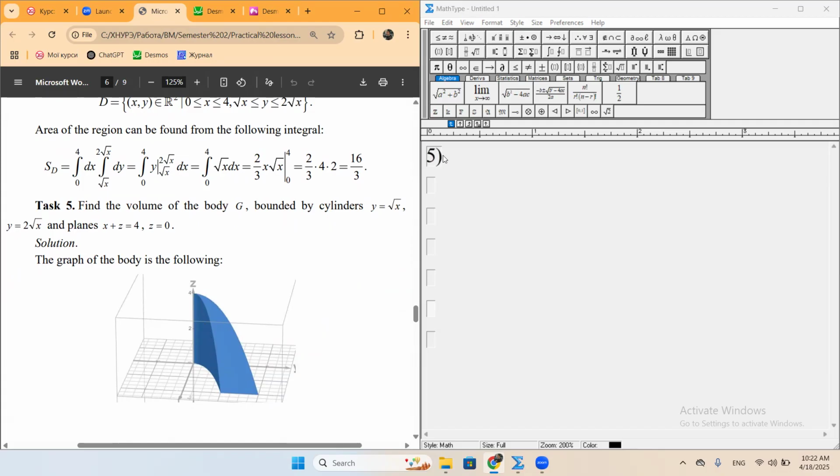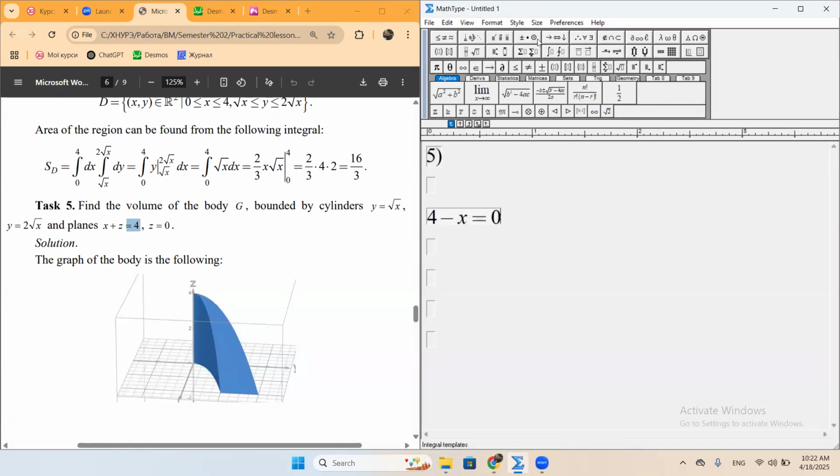So it is done, and now we need to find the projection of this body on the plane xy. So how to do it? We need to find where these planes are intersecting. So we just need to solve an equation. Here z will be equal 4 minus x. So 4 minus x equals 0.